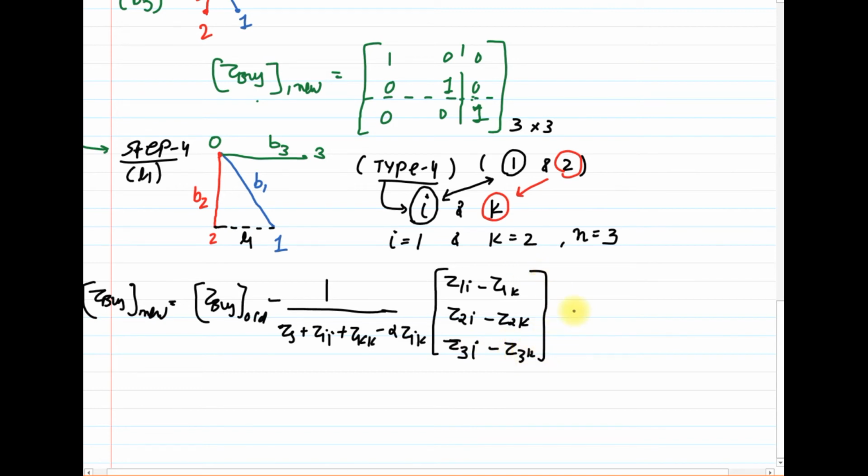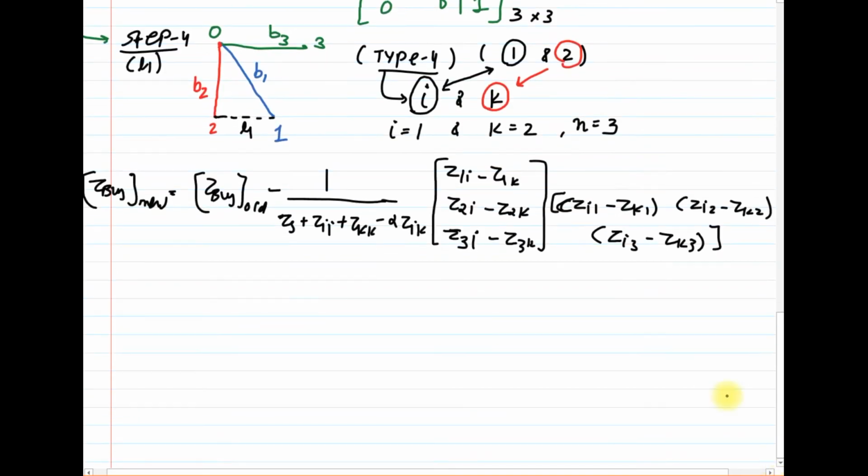And in the same way the row vector, which is the transpose of this column vector: ZI1 minus ZK1, second element ZI2 minus ZK2, and the third element ZI3 minus ZK3.